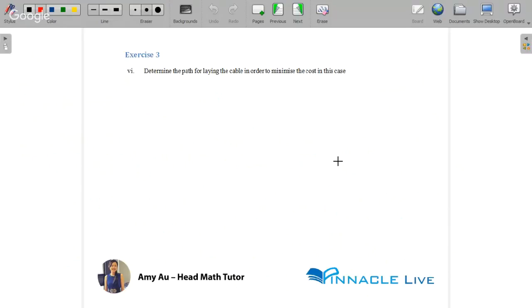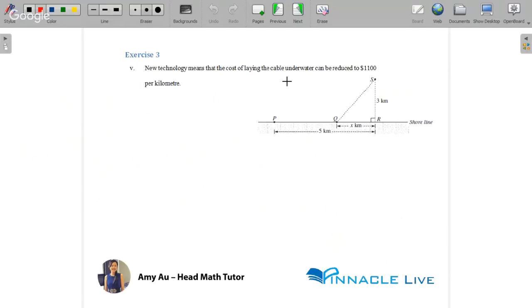All right, so we want to determine the path for laying the cable in order to minimize the cost in this case. So coming back here, let's analyze this. So the shore cabling cost is still $1,000, and the underwater cabling cost is now $1,100. Now going back to the cost equation.